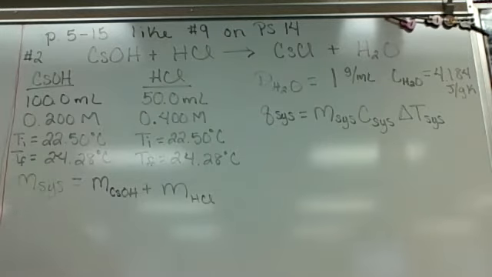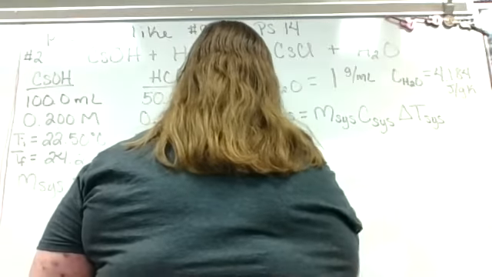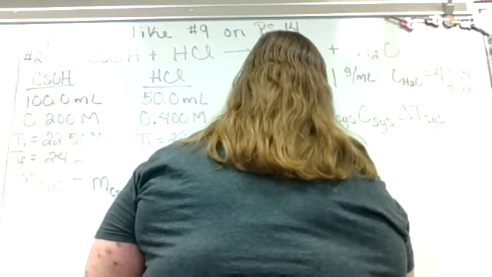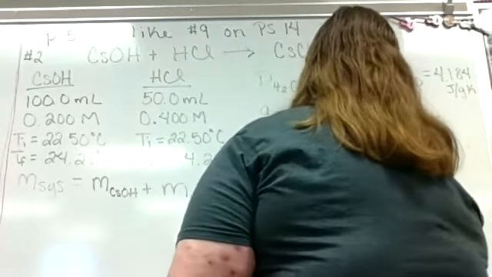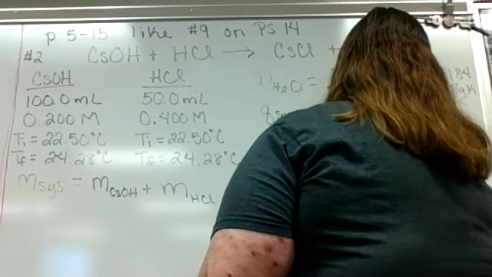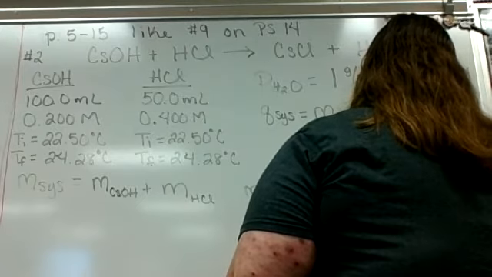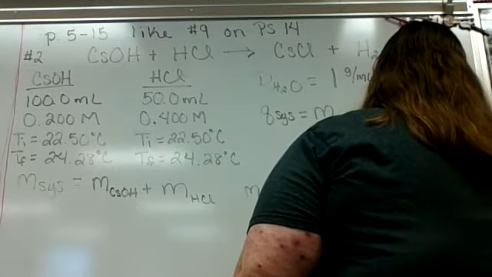That's where the density comes in, right? If we have 1 gram per milliliter for the density of the solutions, we can say that the volume is going to equal the mass. So the mass of the system is 100 grams of CsOH plus the 50 grams of the HCl.